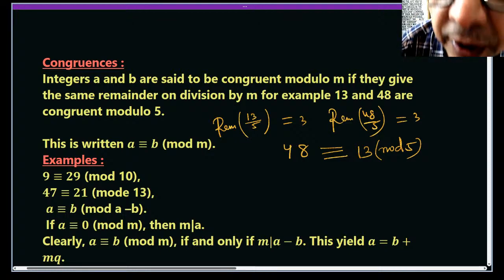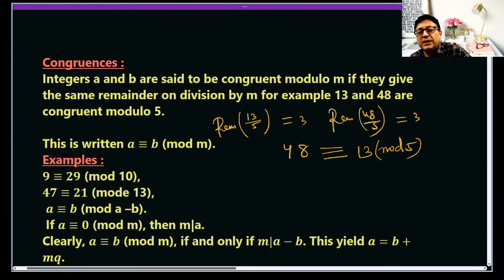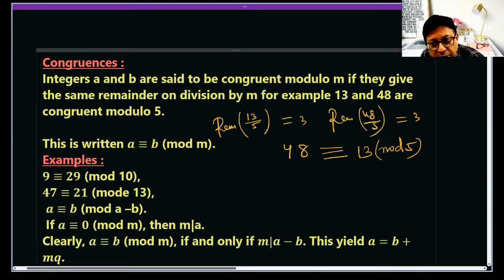Sorry for the pause. So 48 and 13, when they are divided by 5, leave the same remainder 3. We will write 48 congruent with 13 mod 5. Hope you have understood. We can write 9 congruent with 29 mod 10.